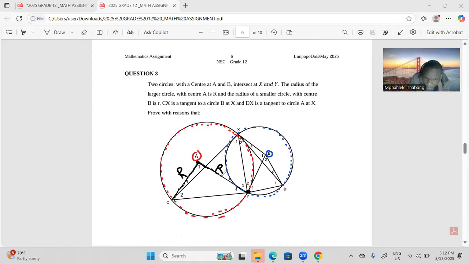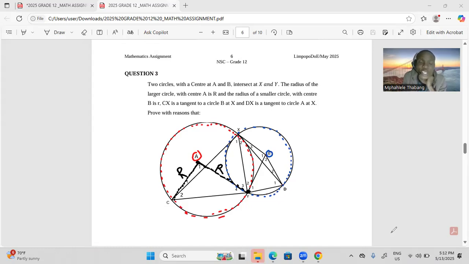Remember, when we talk about a radius, we talk about the distance from the center of a circle to the circumference. The distance from the center of a circle to the circumference of a circle is a radius. So AC and AY are the radii of this large circle.